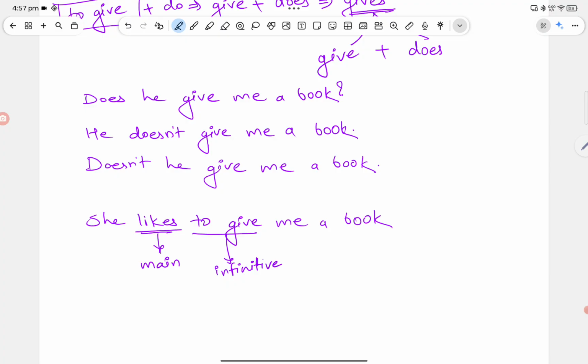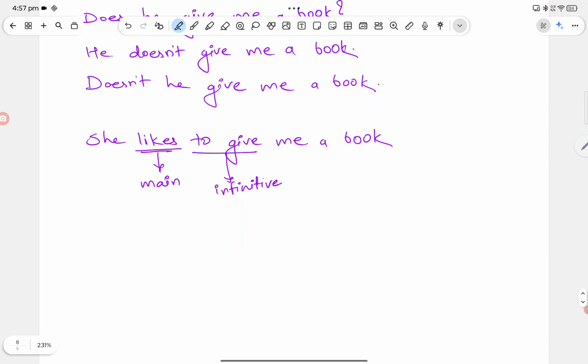Let us see how. Likes is the main verb, so likes is made up of like plus does. Oh, I wrote it wrong. Likes is made up of like plus does.